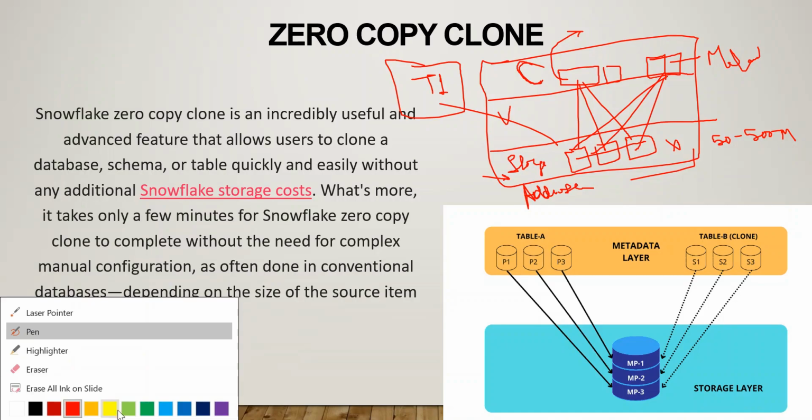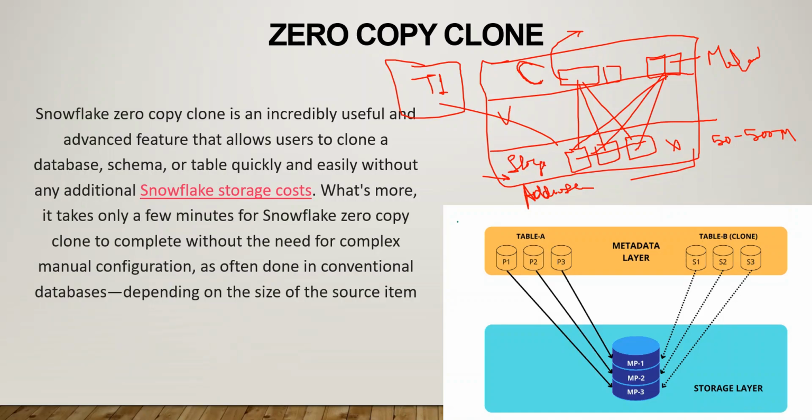Let me take another color for you. This is a green color. Okay. So Snowflake initially has this metadata referring to the same existing micro partitions. We know that the micro partitions are immutable. Now, if you have created a clone table, this is the original table's metadata.